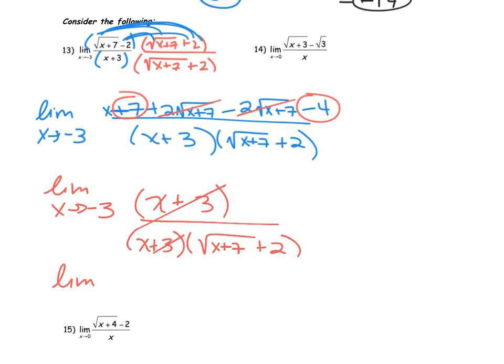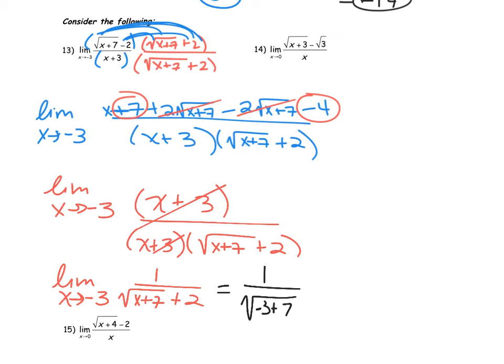So now I have the limit as x approaches negative 3 of 1 over the square root of x plus 7 plus 2. And now we're going to evaluate the function by plugging in, so the limit goes away. I'll have 1 over the square root of negative 3 plus 7 plus 2, which is 1 over the square root of 4 plus 2, which is 1/4.